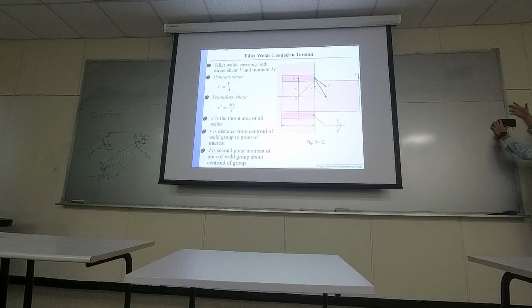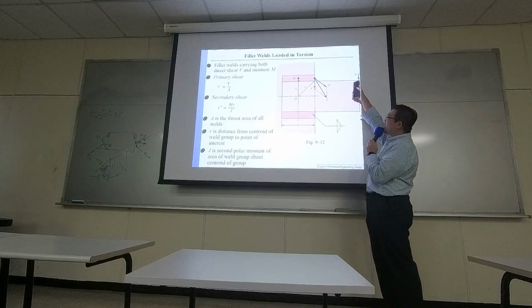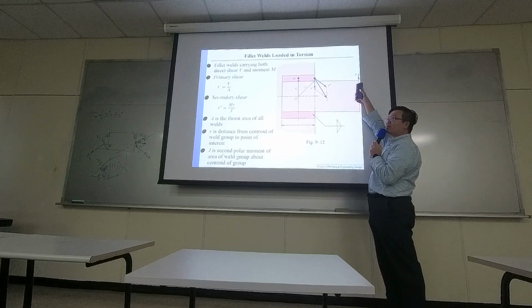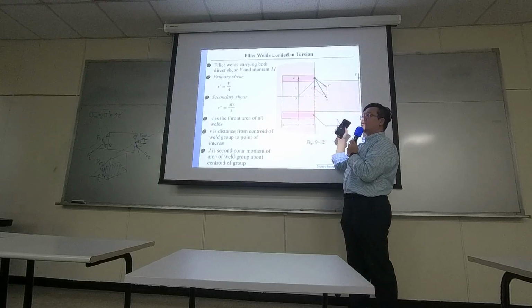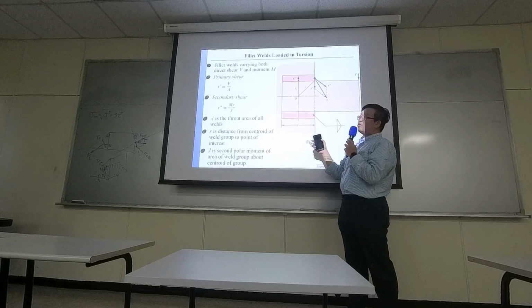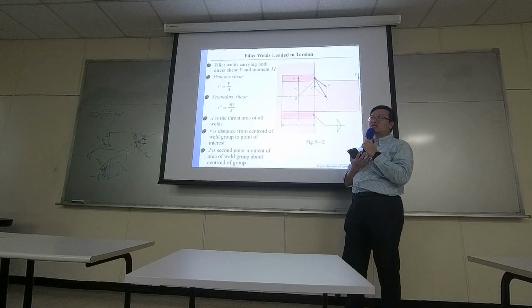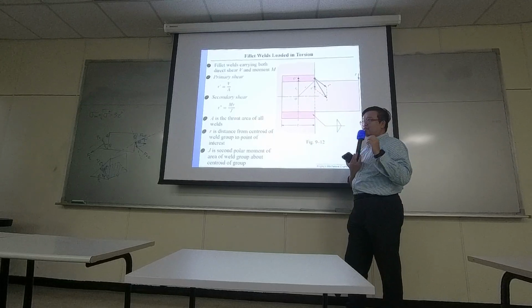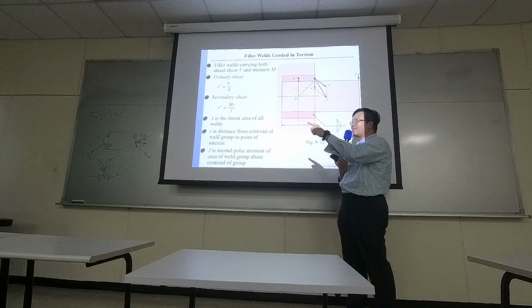So we are going to figure out which position of the welding material is going to carry more load. If this external load is getting bigger and bigger, which point of the welding material is going to fail first? We need to figure out which point carries the most stress, so the failure is supposed to occur right at that point.